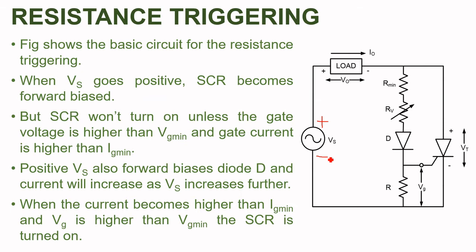Under this condition, the SCR becomes forward biased. But the SCR won't conduct unless the gate voltage is higher than Vg minimum and the gate current is higher than the Ig minimum value.